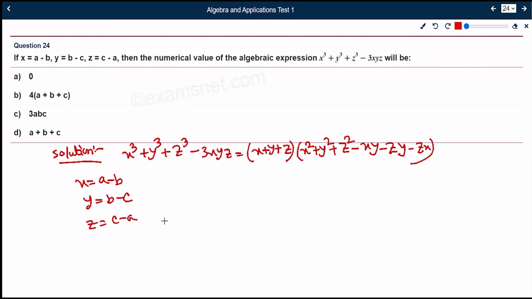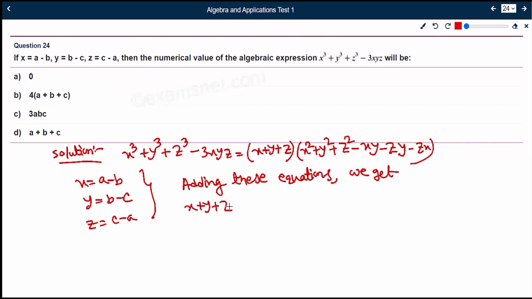Correct. Now adding all three equations, we get that x plus y plus z equals a plus b plus c minus a plus b plus c.